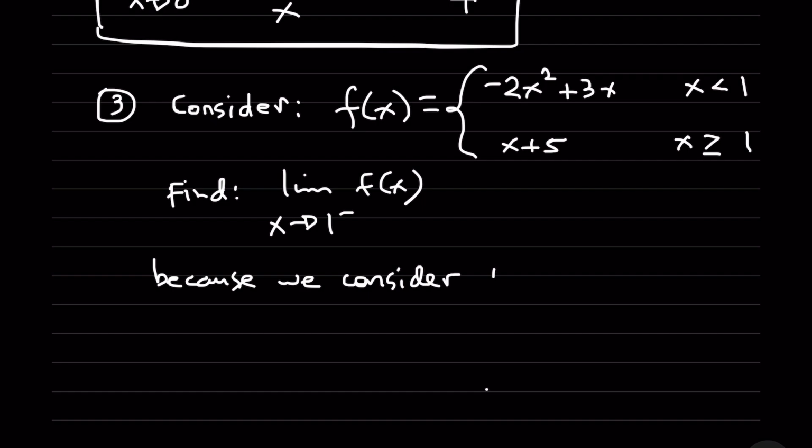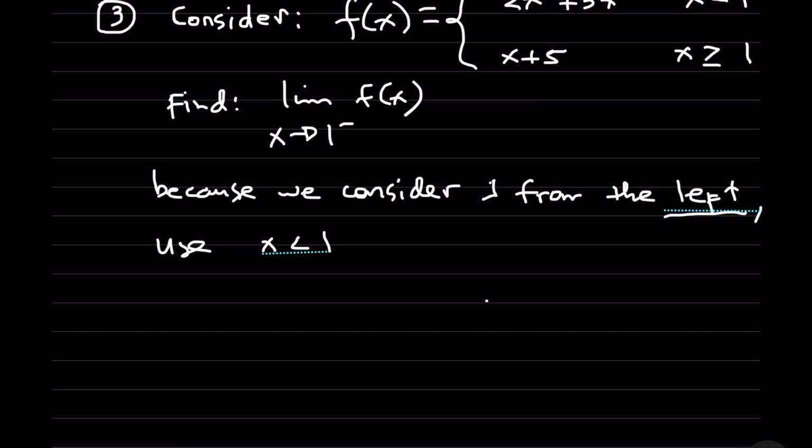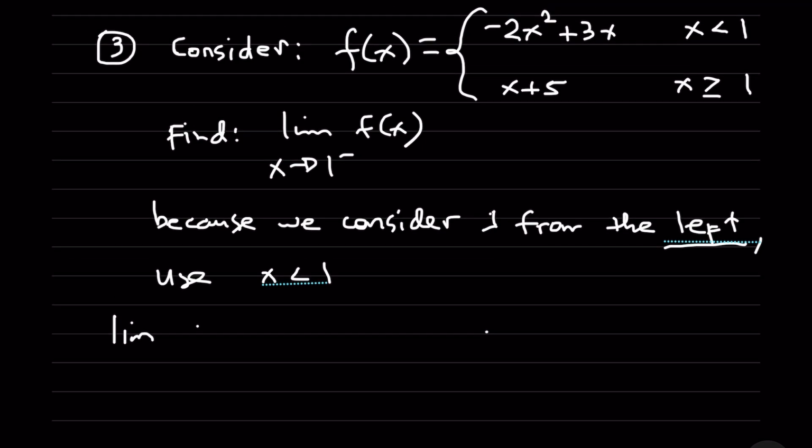and because we consider 1 from the left, that is the significance of the negative sign at the superscript of 1, we will use the value of the function for x lesser than 1.